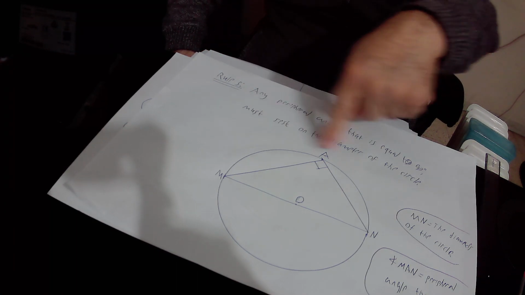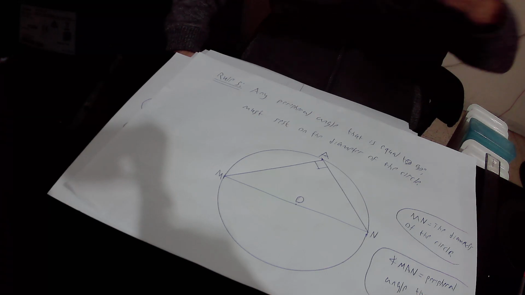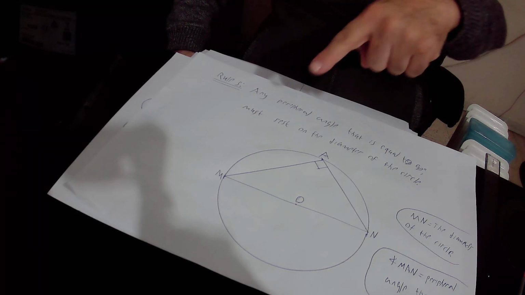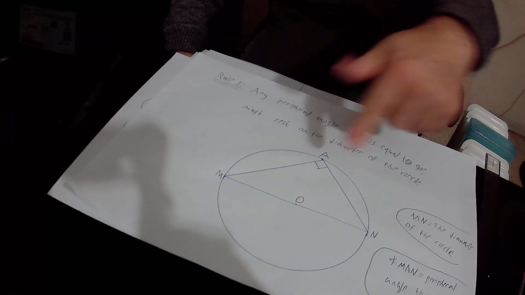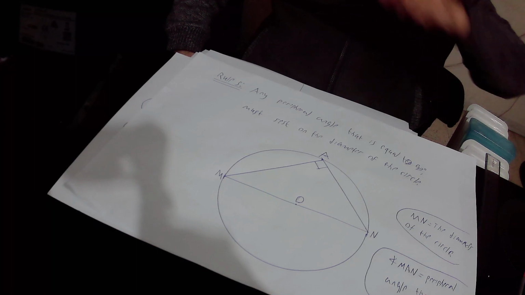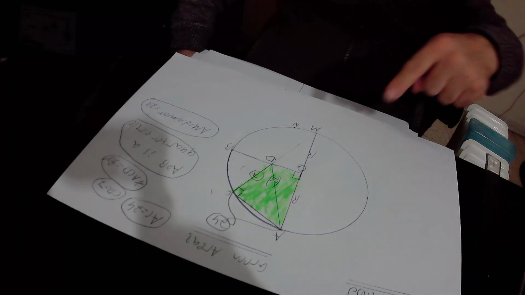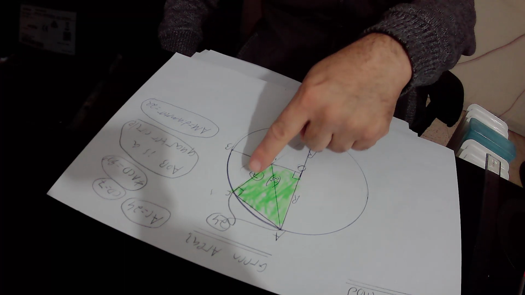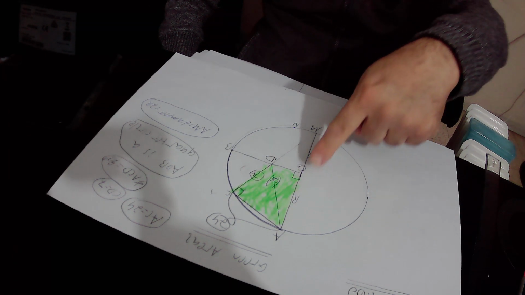Here, peripheral angle MAN equals 90 degrees, and therefore, according to rule number 5, it must rest on MN. And indeed, here MN is the diameter of the circle.